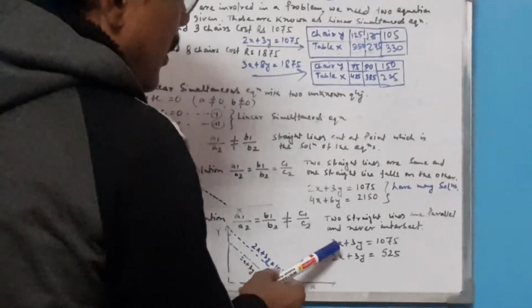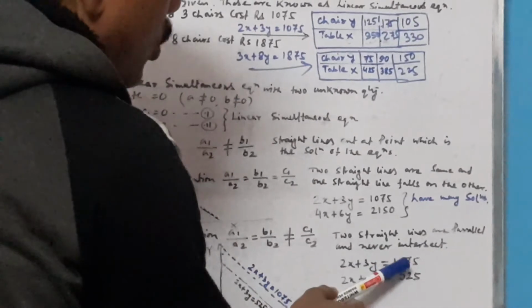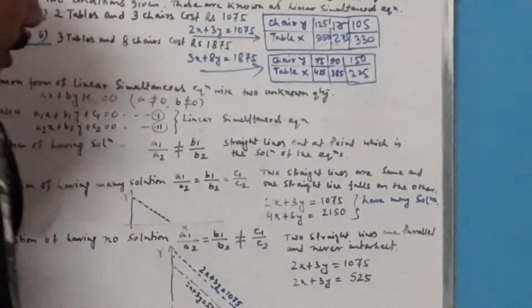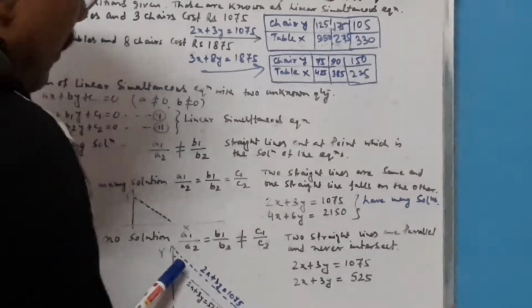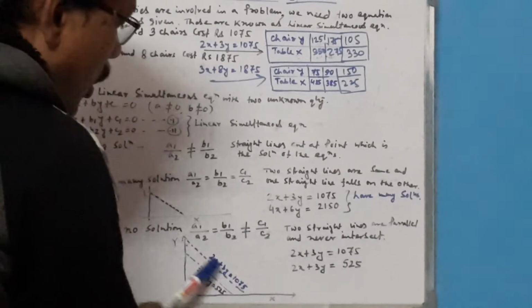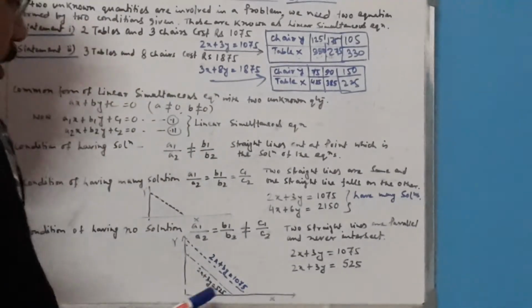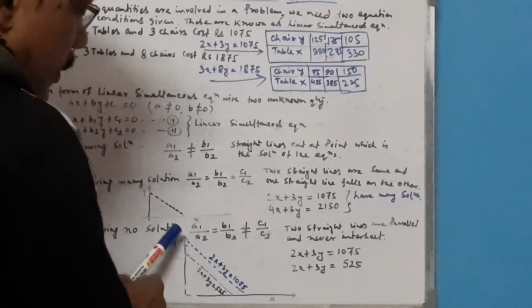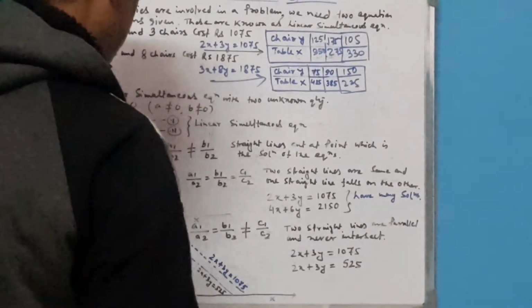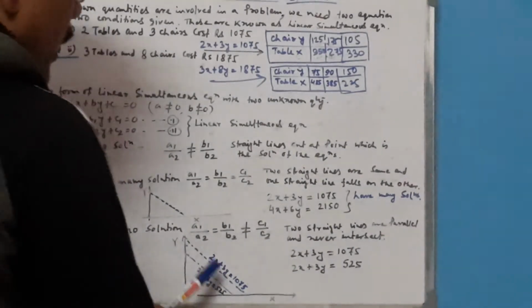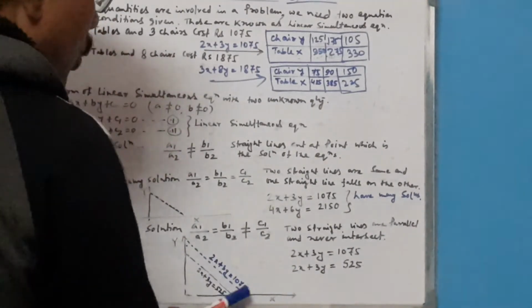Suppose two straight lines are 2x plus 3y equal to 1075 and 2x plus 3y equal to 525. These are parallel straight lines, but they will not fall on one another. They maintain a constant distance when projected up to infinity. That means they will never intersect with each other, and we will get no solution of both the equations.